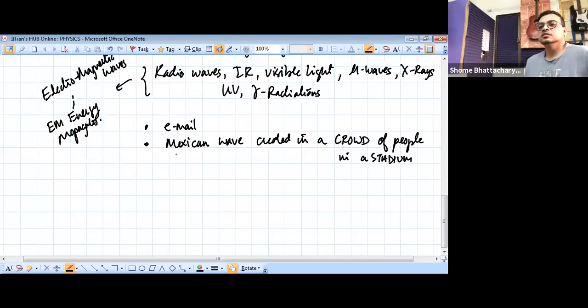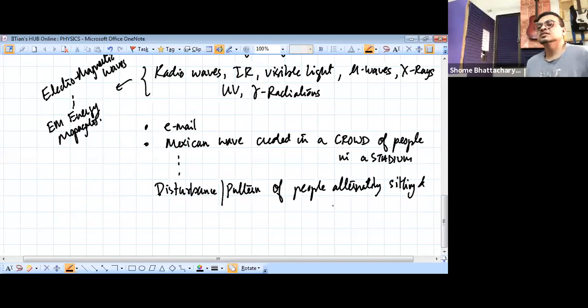So what happens in this is that you have some kind of a disturbance or a pattern of people alternately sitting and standing. So what you see is that there are people sitting everywhere, and then few people who are standing up, and rest of the people sitting.